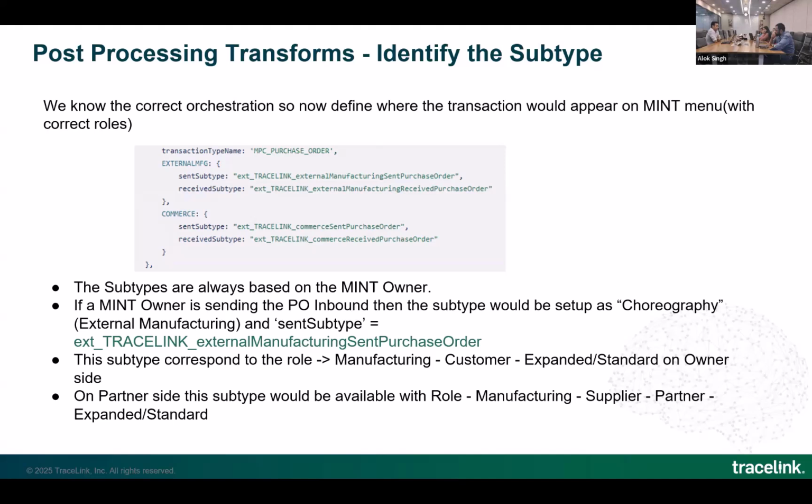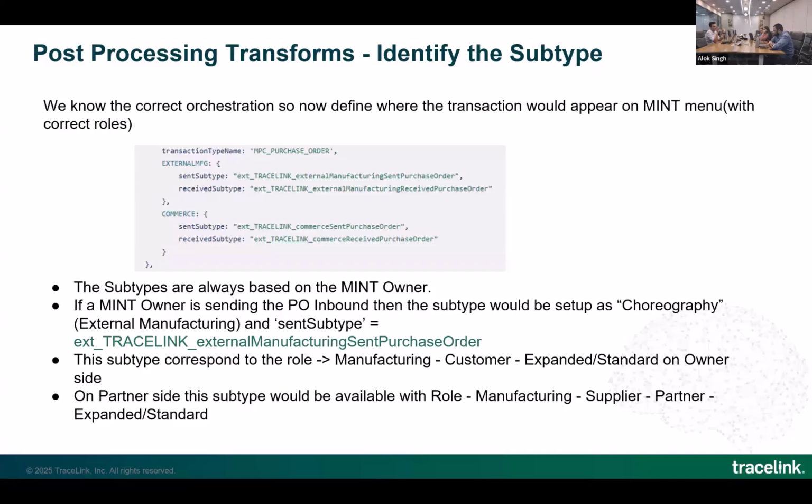Now, these subtypes are directly related to the roles that we have assigned to our user. So for example, manufacturing, customer, expanded or standard role. Let me again try and explain this role. What does this role say? This role says that my choreography is manufacturing, which is external manufacturing.